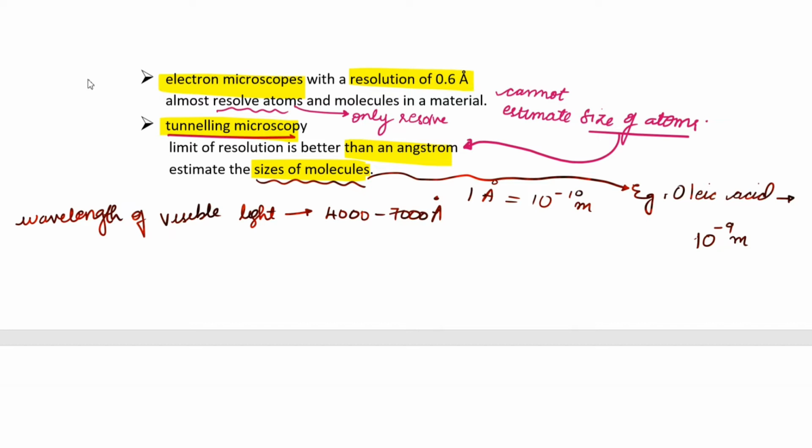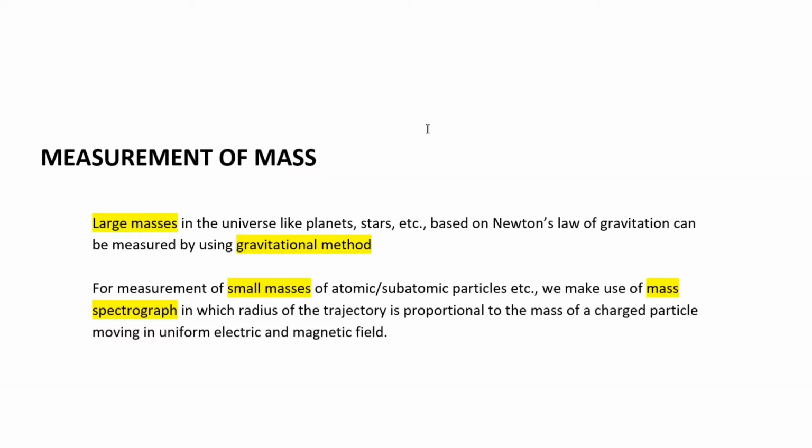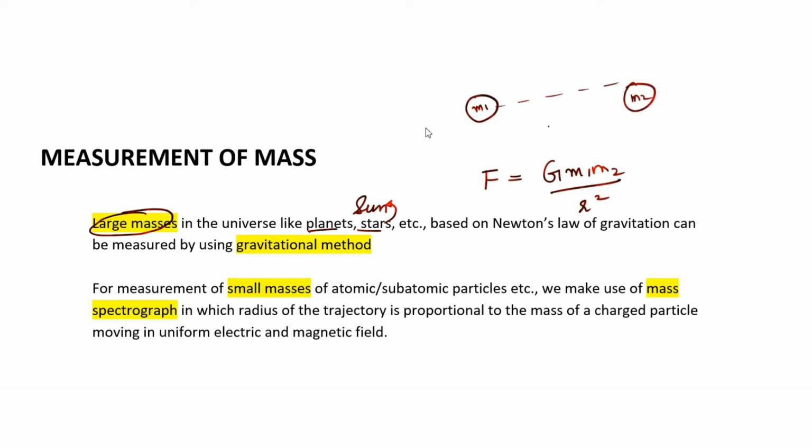Now we move on to measurement of mass. For large masses like the planets and stars, we use Newton's law of gravitation, which is F is equal to G m1 m2 by r square, where G is the gravitational constant and m1 and m2 are the masses of the two objects which are separated by a certain distance, and r is the distance of separation of their centers.